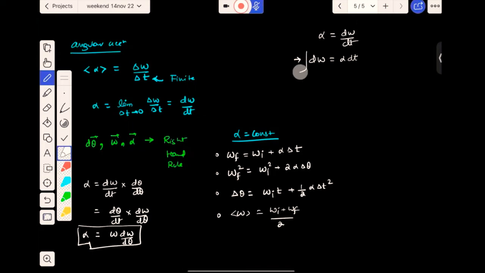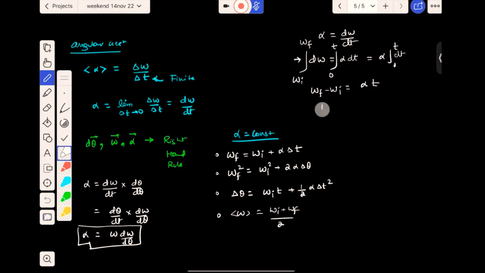So I'll integrate both the sides, from 0 to t, when at 0 the angular velocity is omega initial, and at t it is omega final. Integrating the left side will give us omega final minus omega initial. Alpha being constant can be taken out, and the integral of dt from 0 to t will become alpha t.